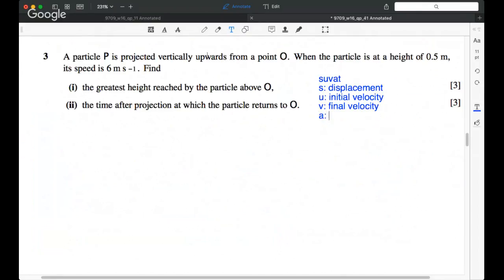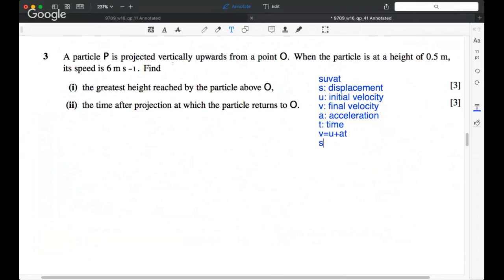A is acceleration, and T is time. The first equation relating some of these quantities is V equals U plus AT. This is very easy to understand because it's just saying that when you have a constant acceleration, the final velocity is the initial velocity plus acceleration times time. That is just the definition of velocity and acceleration.